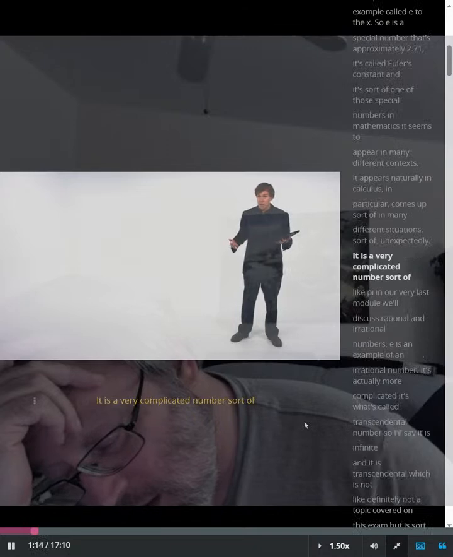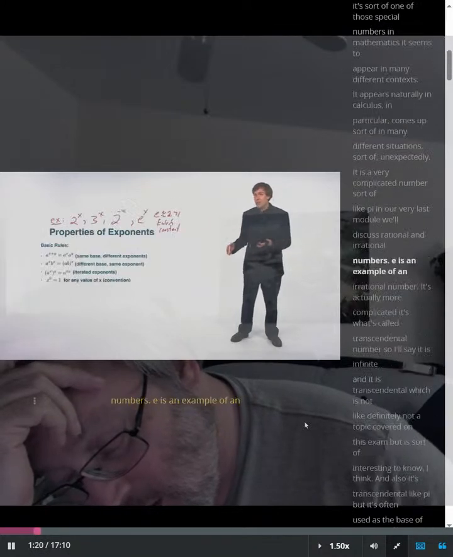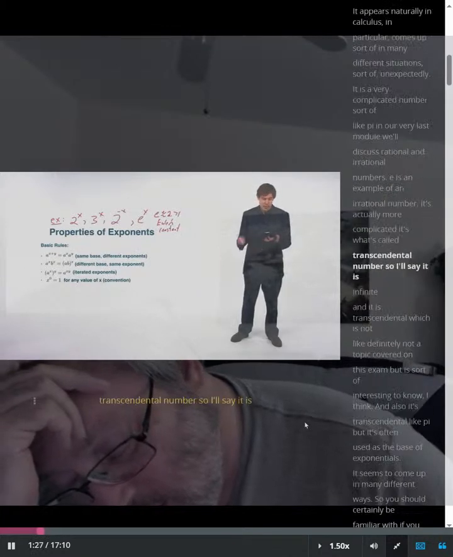It is a very complicated number, sort of like pi. In our very last module, we'll discuss rational and irrational numbers. e is an example of an irrational number. It's actually even more complicated. It's what's called a transcendental number.